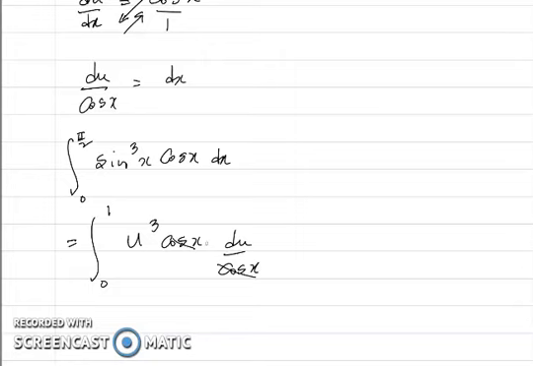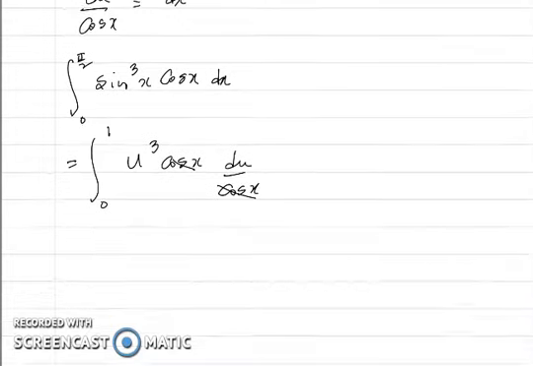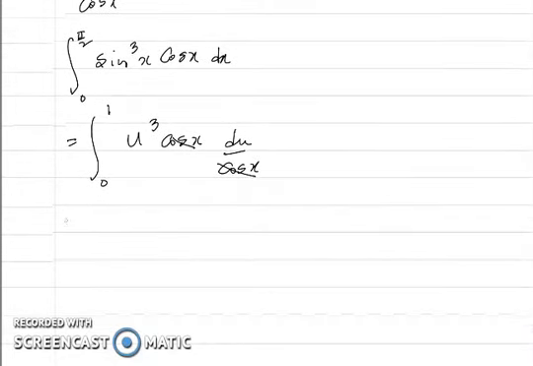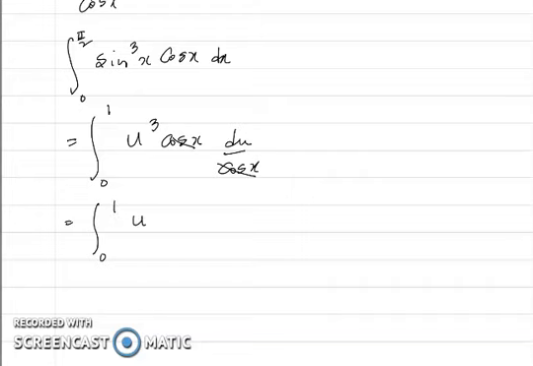The cos x cancels, and so my integral becomes the integral from 0 to 1 of u to the third du.